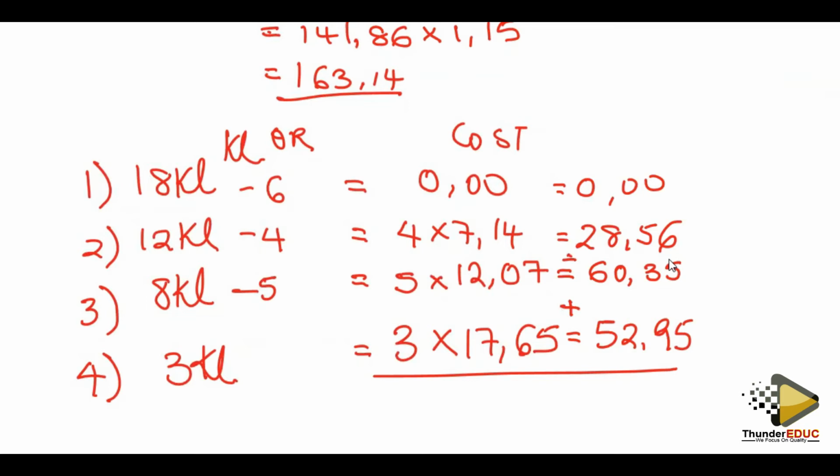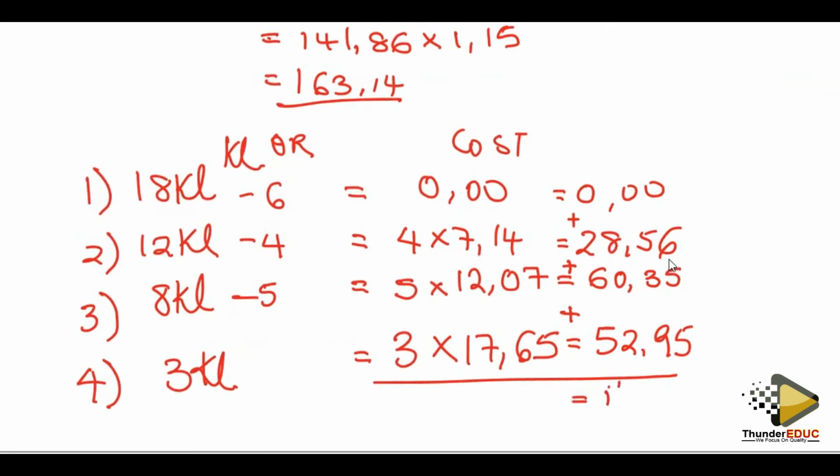Add all these amounts. It's 28 rands 56 cents plus 60 rands 35 cents plus 52 rands 95 cents. You end up having the same answer that we had there, 141 rands 86 cents.